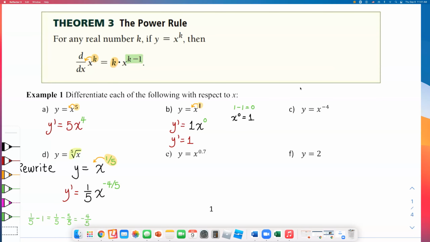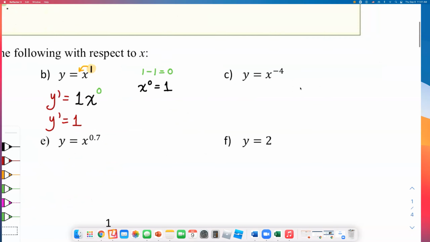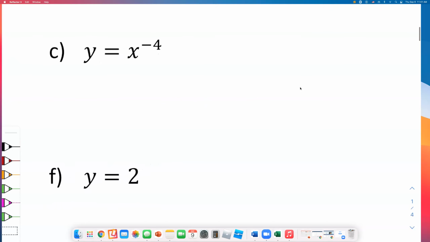Oh, I forgot to do C. Let me go back up and do C, okay? C. If y is x to the negative 4th power, y prime must be, bring down that exponent of negative 4 to the front.